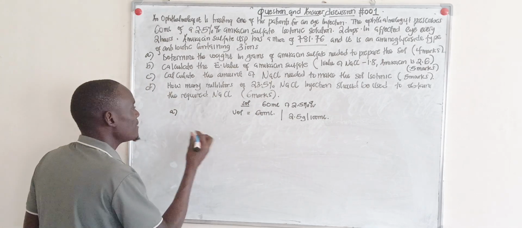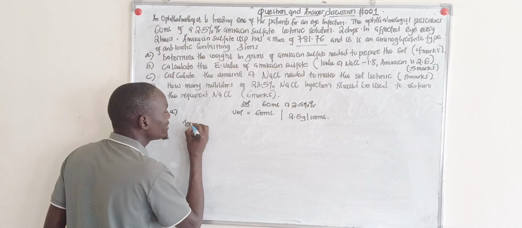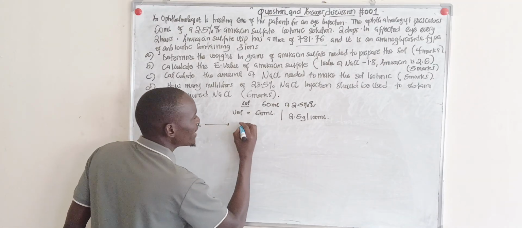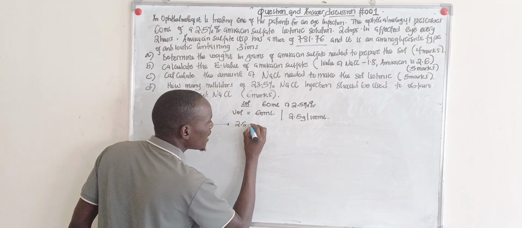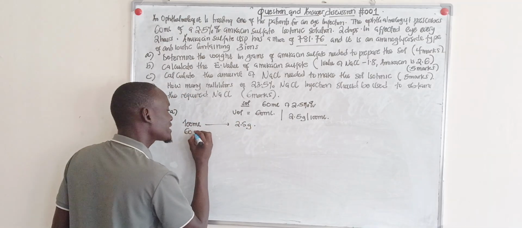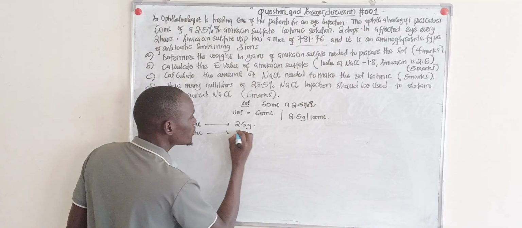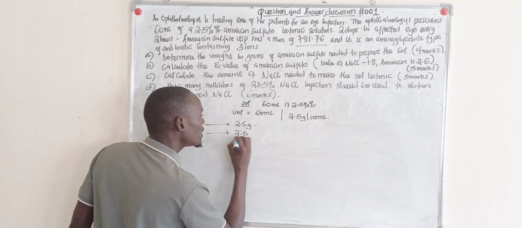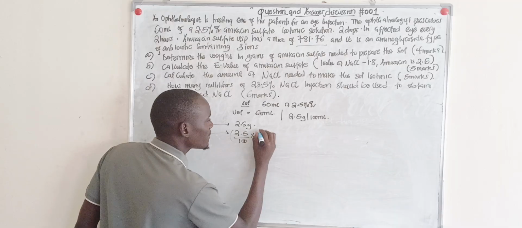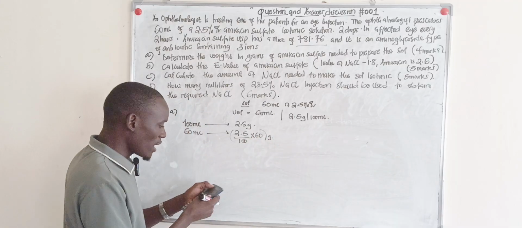So, we shall say if 100 mils of the solution contain 2.5 grams of amikacin sulfate, how about the 60 mils? It will contain 2.5 divided by 100 times 60. This will be in grams.